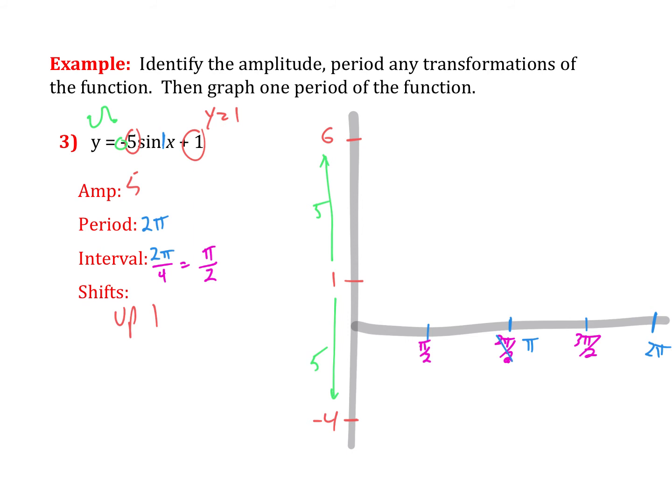Now I'll sketch in my little boundaries. So I have a little bit of framework. And just like before, I'm going to match this shape to this frame. So we start at the middle, which means we end on the middle. Then we go down to the bottom, back to the middle, up to the top, end at the middle. There we go.